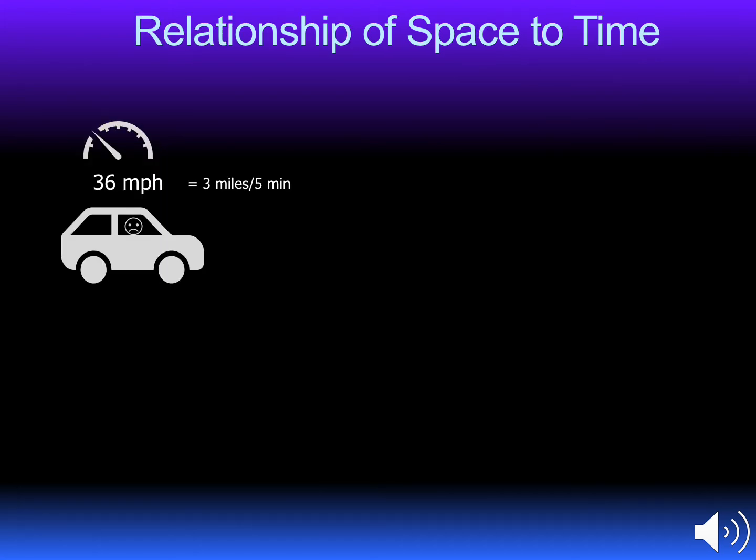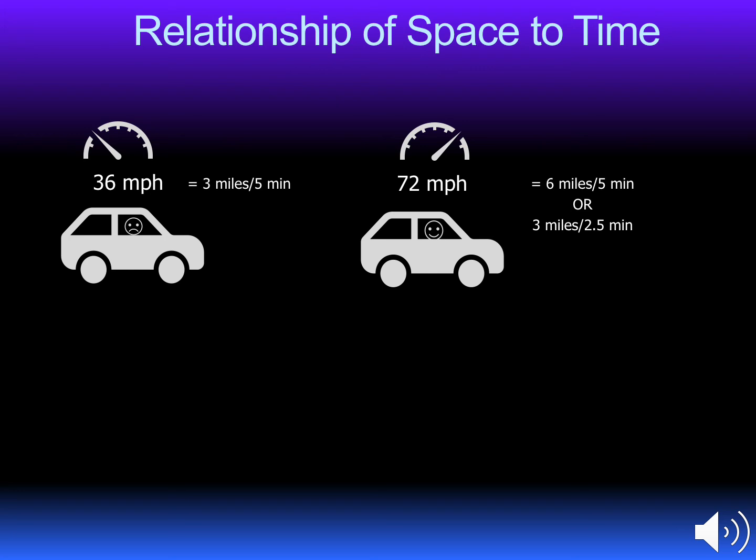Okay, so let's look at the relationship of space to time a little bit more specifically. So in the example that we gave before with the driver stopping for directions, we have a driver going 36 miles per hour, which was the equivalent of doing 3 miles in 5 minutes. Now, what happens if the driver decides to go up to 72 miles an hour? They can do that in 2 ways.